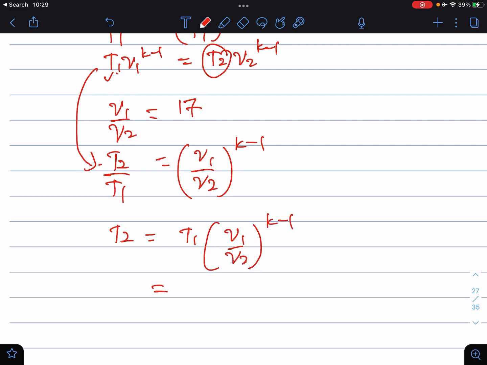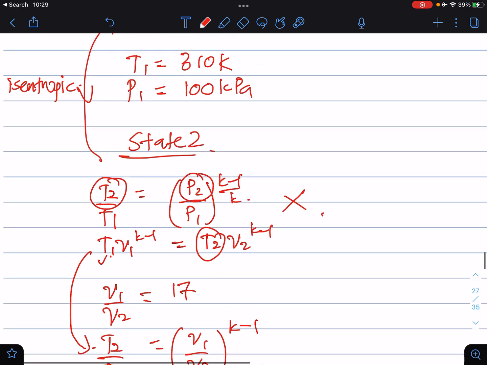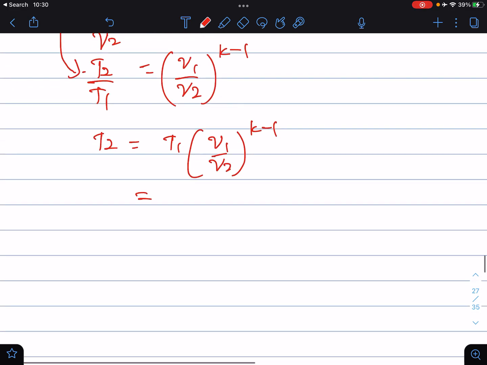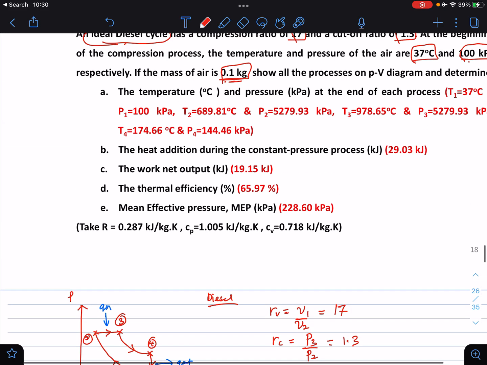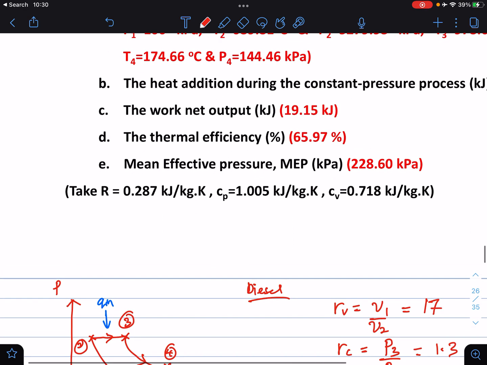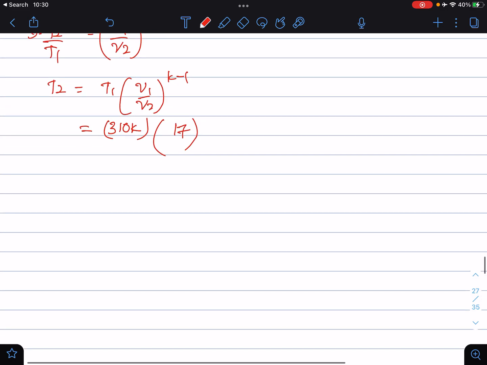T1 just now is 310 Kelvin, V1 over V2 is 17. For K, you use the K for air. The question gives the values of Cp and Cv, so K is equal to Cp over Cv. We can use that value.